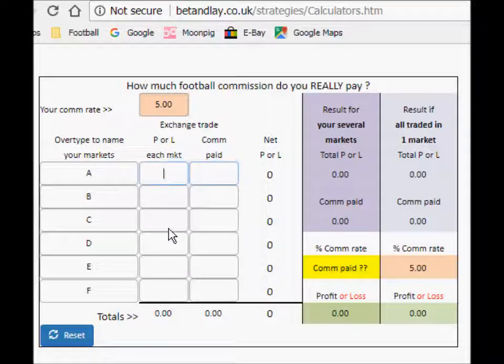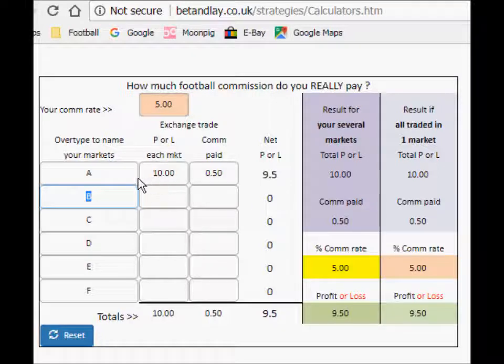So if we bet and laid in a market and we made a £10 profit, at 5% we expect to pay 5 pence in the pound, which works out at 50 pence. So our net profit is £9.50.